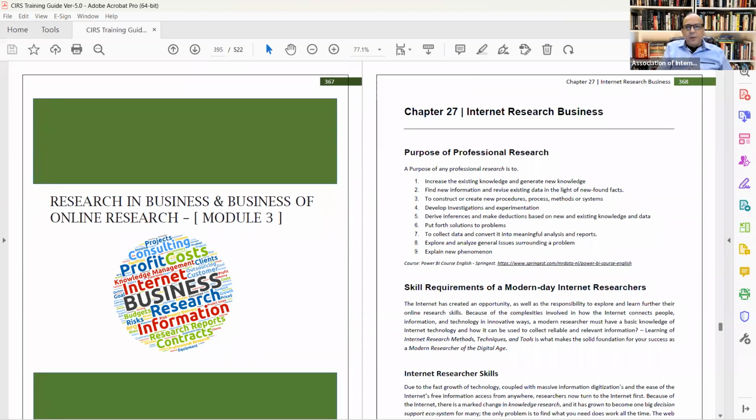One of the opportunities that we would talk about in this module 3 is looking for outsourced research for businesses and corporations, even big companies that are interested in hiring outside consultants to do it for them for various reasons.